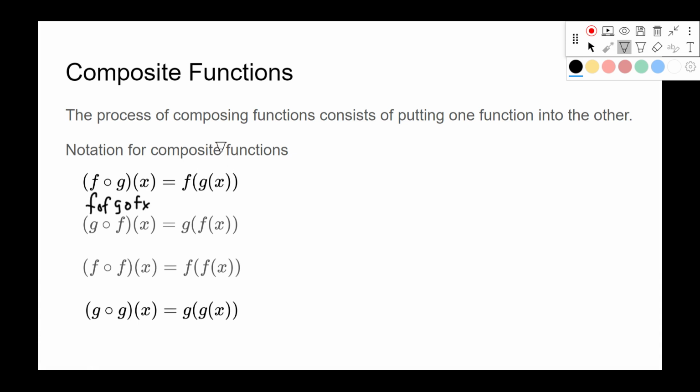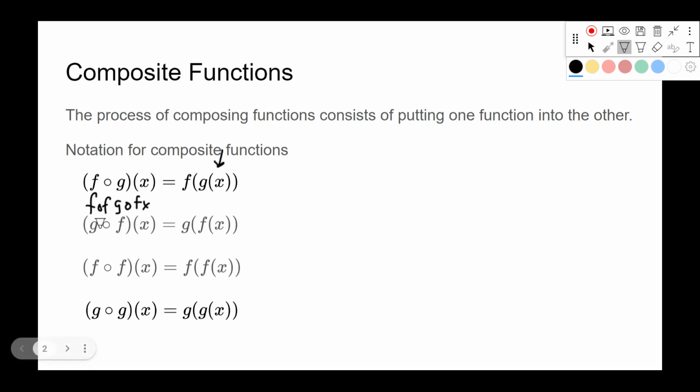The notation you see on the right-hand side is the one that's most convenient when you're going to algebraically figure out what f of g of x, the composite function, is. But you can also see the notation on the left.